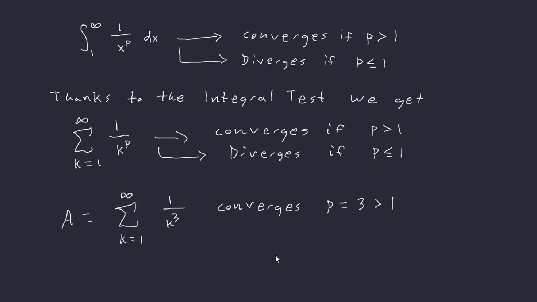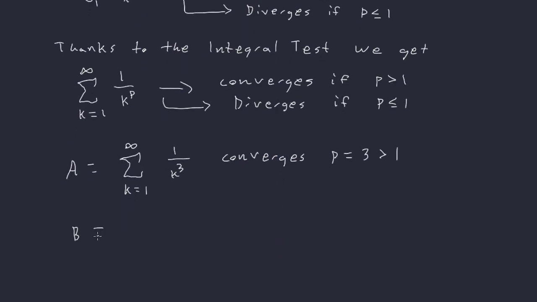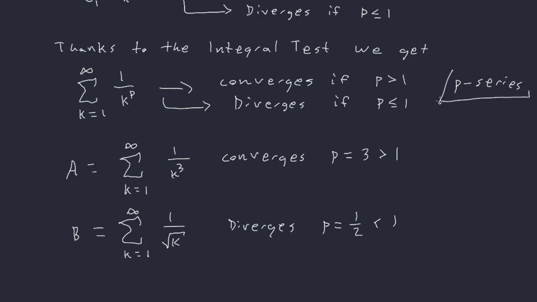Okay, and then I can also just right off the bat say that if I have the series k going from 1 to infinity of 1 over the square root of k, well, I know that diverges. Because p here is equal to 1/2, which is less than 1. Okay? Series of this type are called p-series.